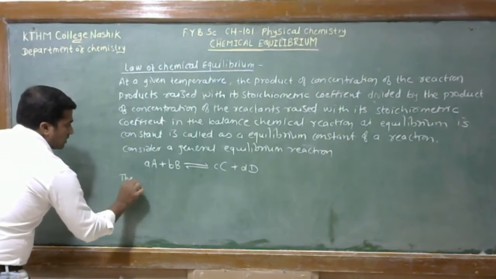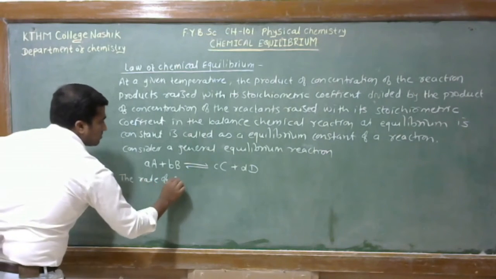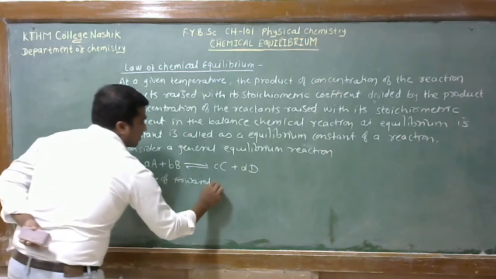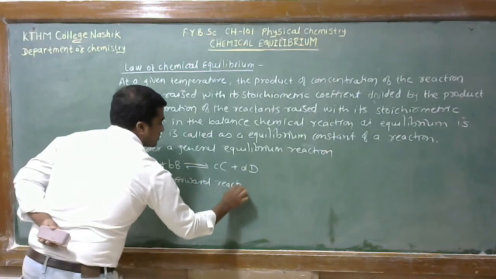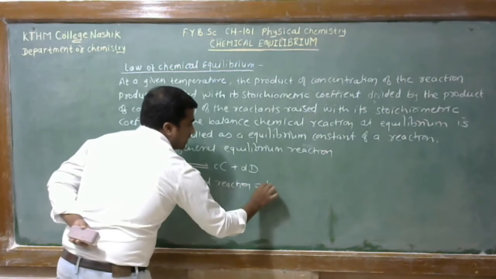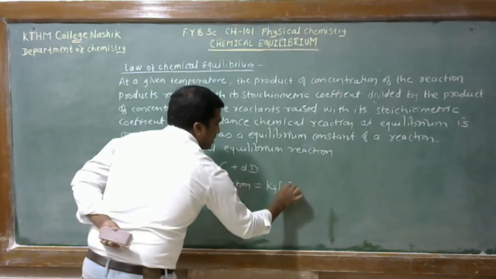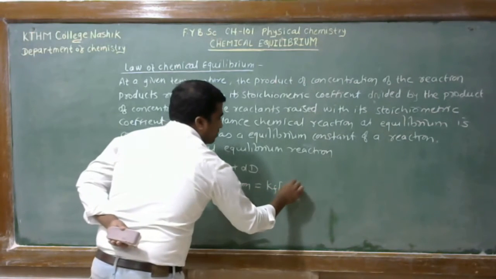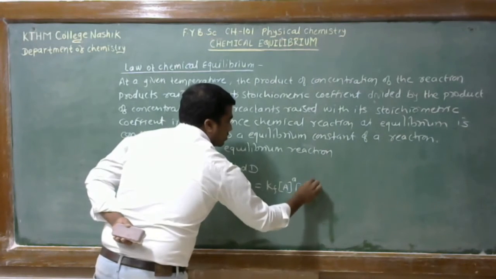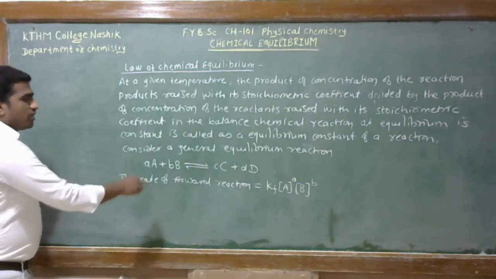So first, the rate of forward reaction is equal to, so we can write Kf into capital A raised to power small a into capital B raised to power small b. So this is about the rate of forward reaction.